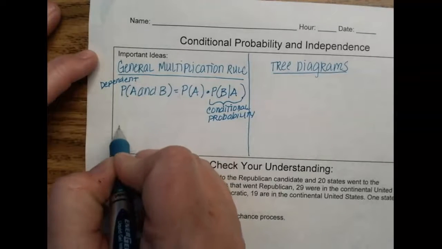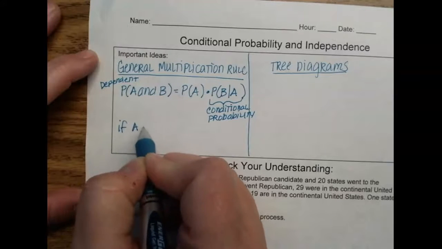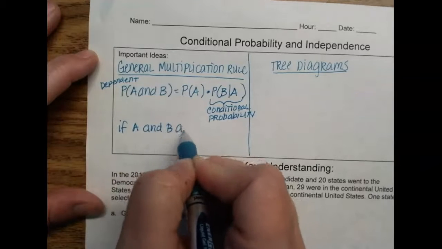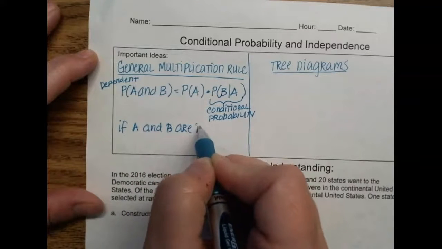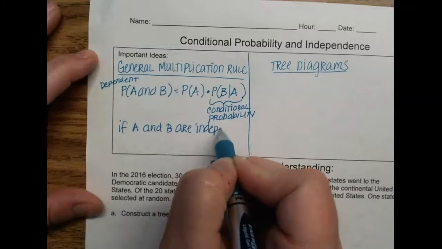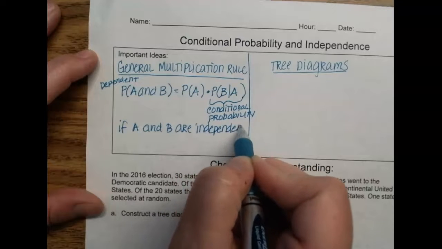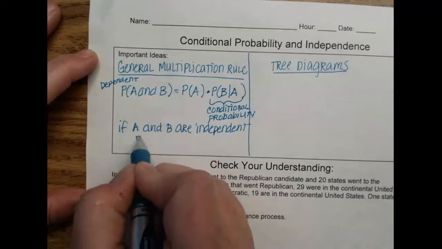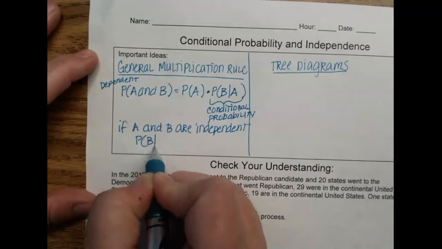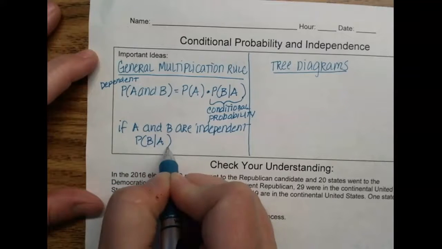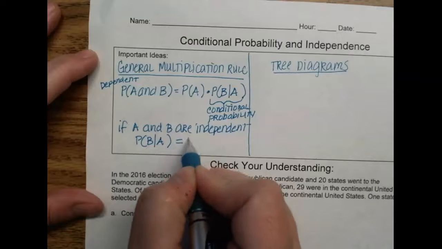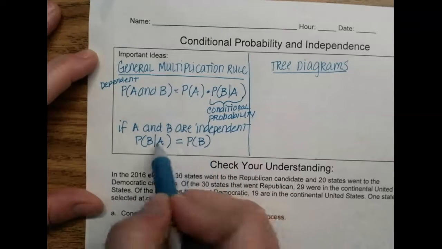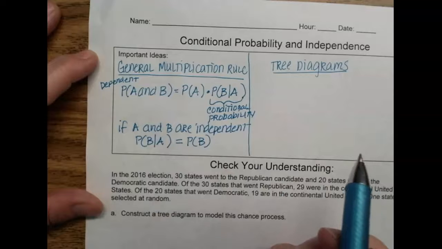So if A and B are independent, then we know the probability of event B happening given A has already happened is no different than the probability of B all by itself, because remember, the percentages will be the same if they're independent.